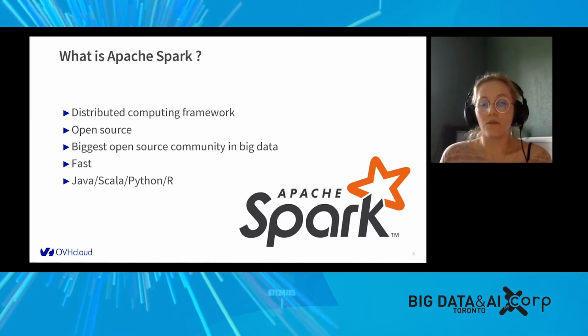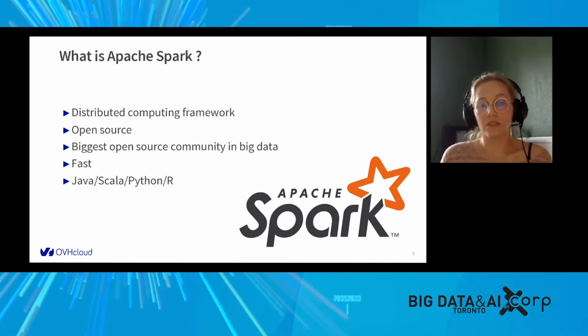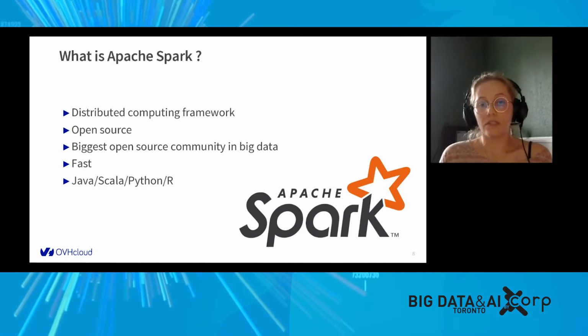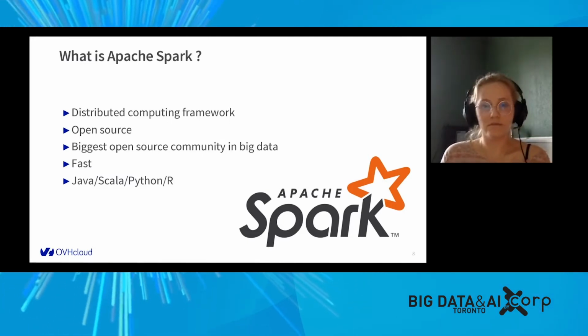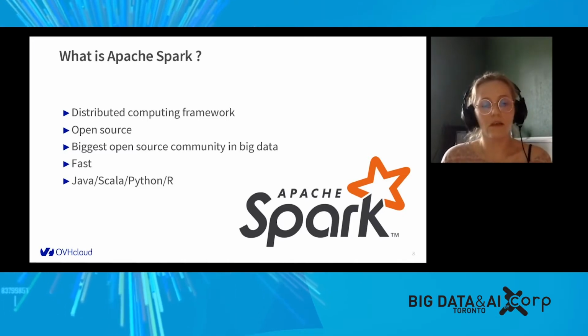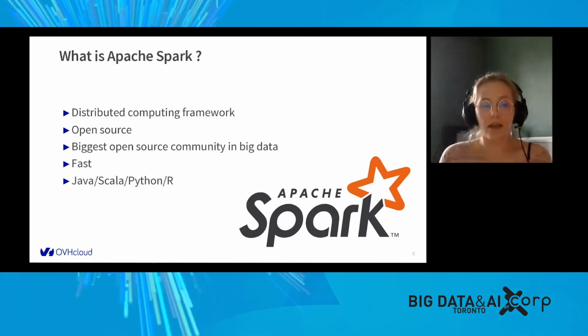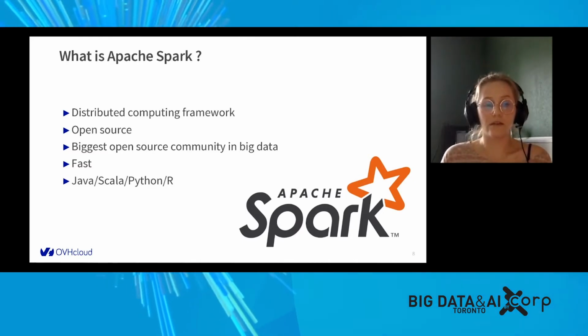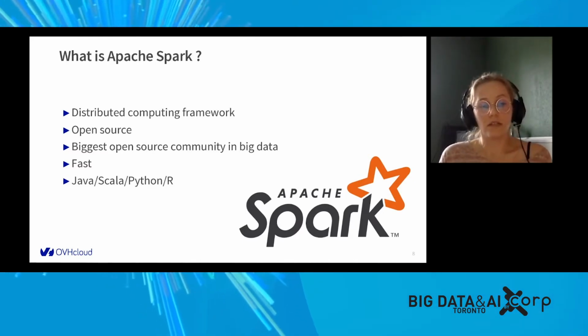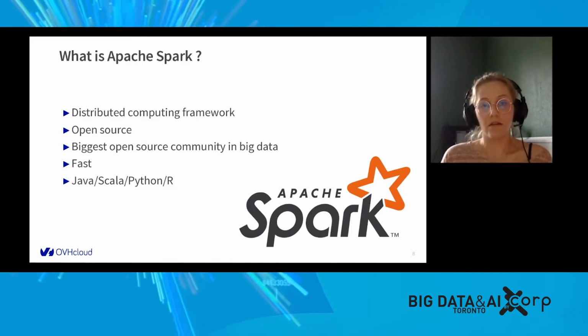It has one of the biggest open source community in big data, which makes it really easy to find support about it. It's also really fast, and it's compliant with languages that are already used by data scientists, such as Java, Scala, Python, and R.